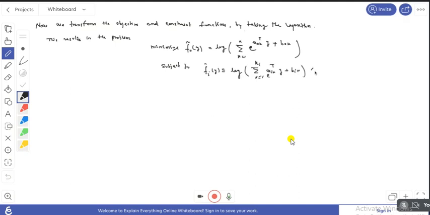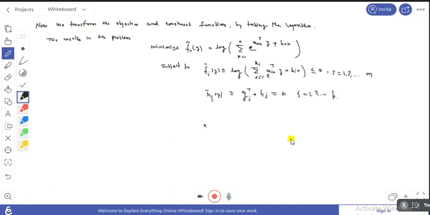This is less than or equal to 0, where i varies from 1 to m. And hj tilde, if you define this function, taking the log of that, it is gj transpose y plus hj, and that equals 0, where j is 1 to p.